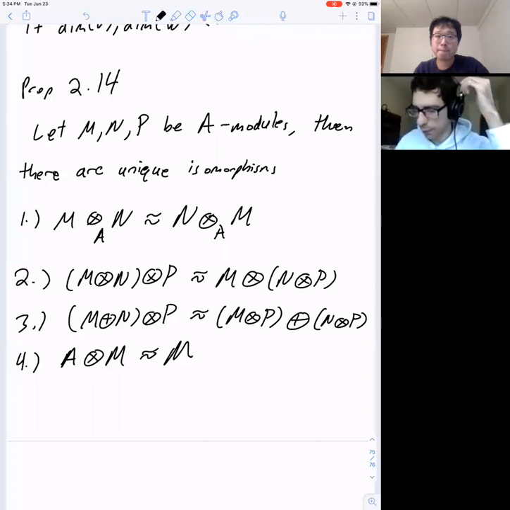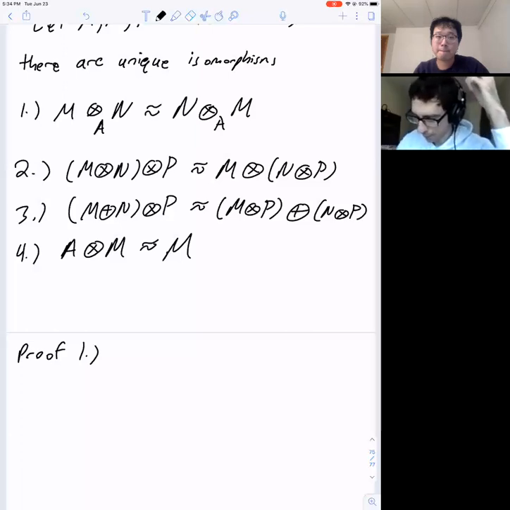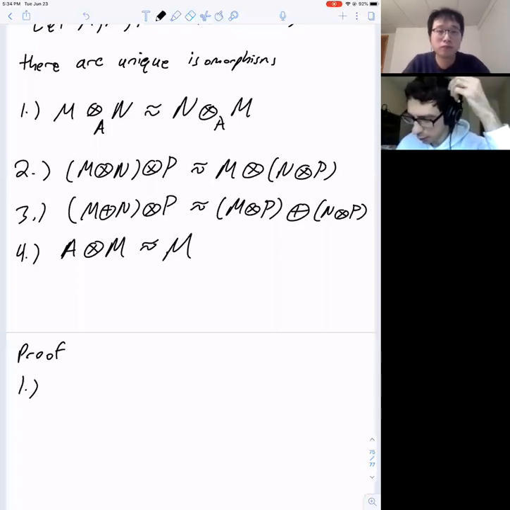So let's prove the first one. How do we prove M tensor N is isomorphic to N tensor M?